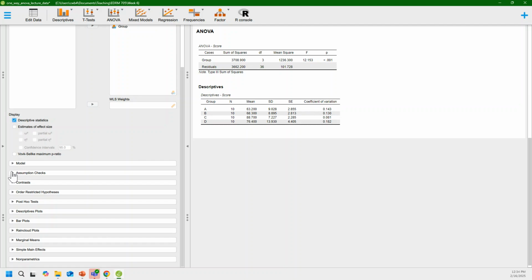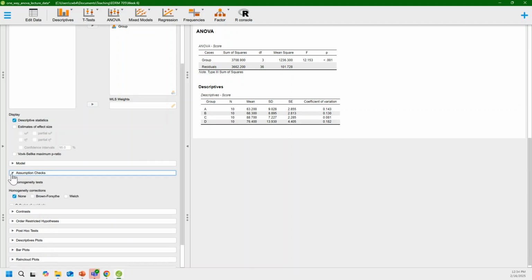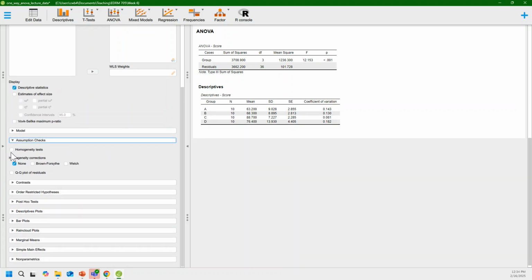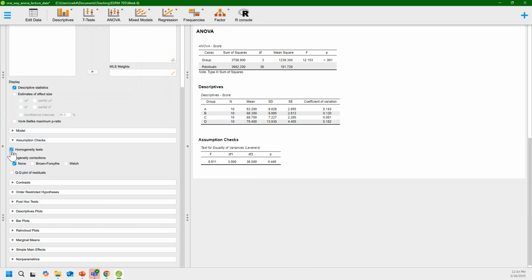But let's go to this section here that says assumption checks. If I go there, I have two options here. I can get my homogeneity test. That's to let me do Levene's test for the equality of variances. Notice here, my p-value is 0.445.